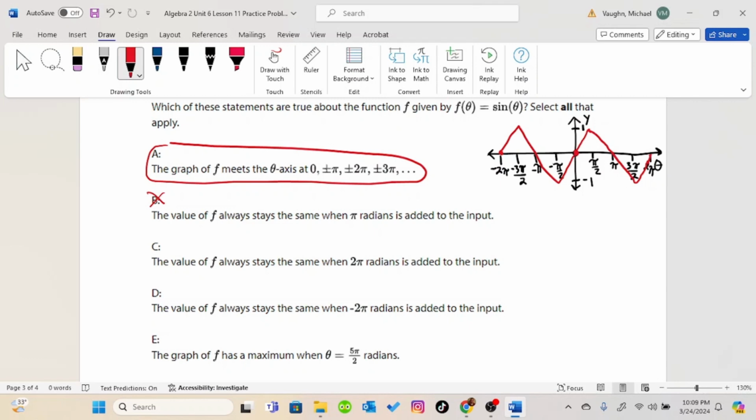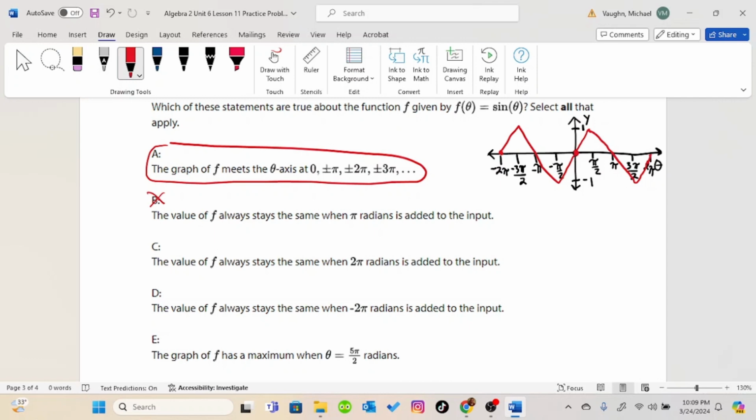C. The value of f always stays the same when 2 pi radians is added to the input. Because 2 pi is a full circle, it brings you back to where you were previously, so you always get the same result. On this graph, you can see if I go from negative 2 pi to 0 to 2 pi, my value is the same.